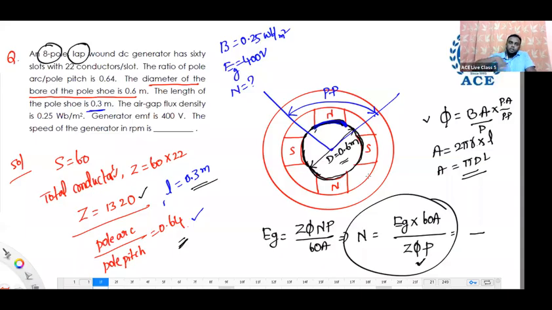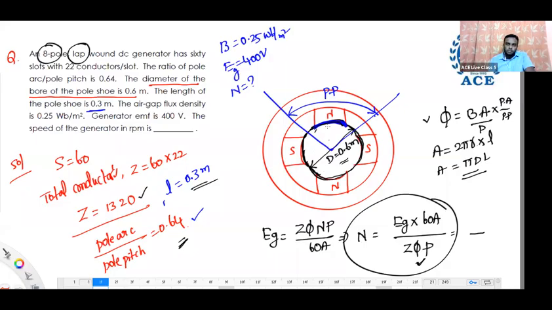That is itself almost the same as the diameter of the bore of the pole shoe, because only small gaps will be there. That's why whenever they give an armature diameter also, you can proceed with the same equation. In some questions, they give the bore of the pole shoe directly, or sometimes they give only the armature diameter.